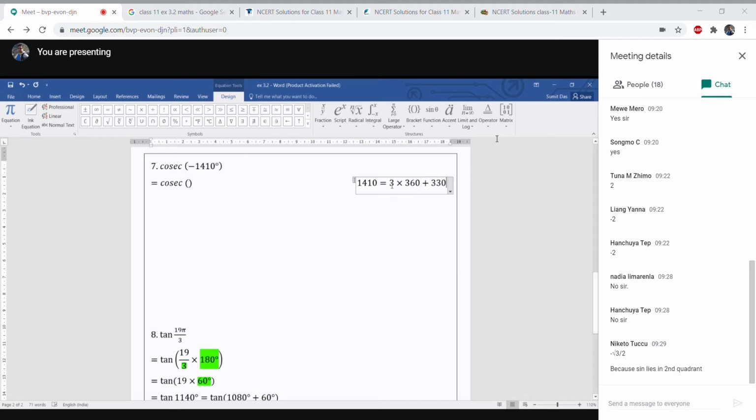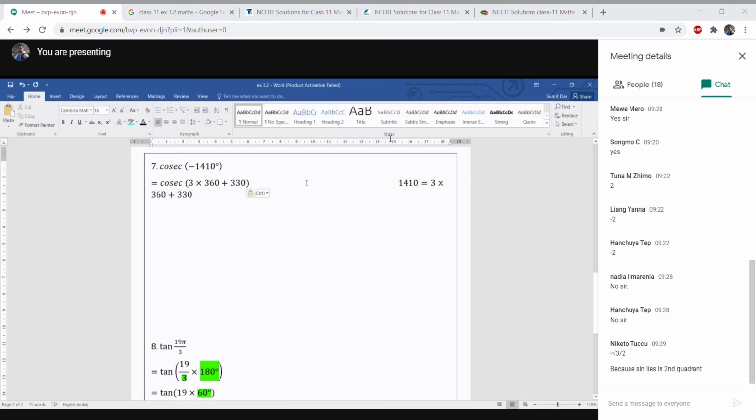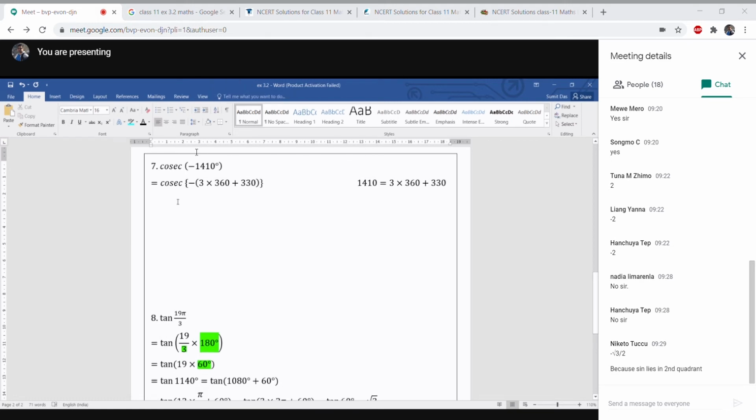Okay, so we'll write like this. And here don't forget the minus sign. For that, I'm using another bracket, minus. Here, another bracket. Fine.